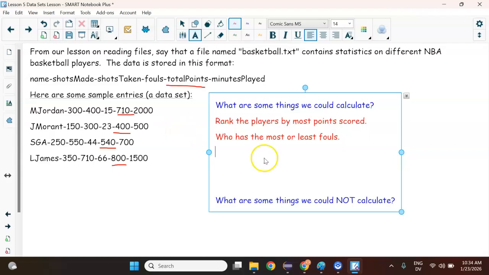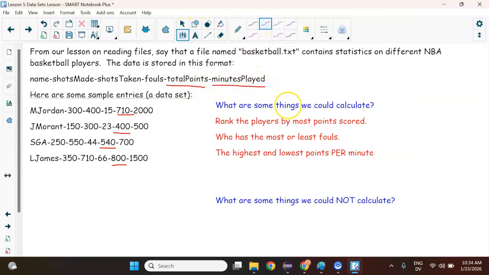And then to get more nuance, we could also calculate the highest and lowest points per minute. If a player has more minutes, they should score more points, but a really good player might score a lot of points per minute. Since we have the total points and the minutes played, we could figure out highest and lowest points per minute.